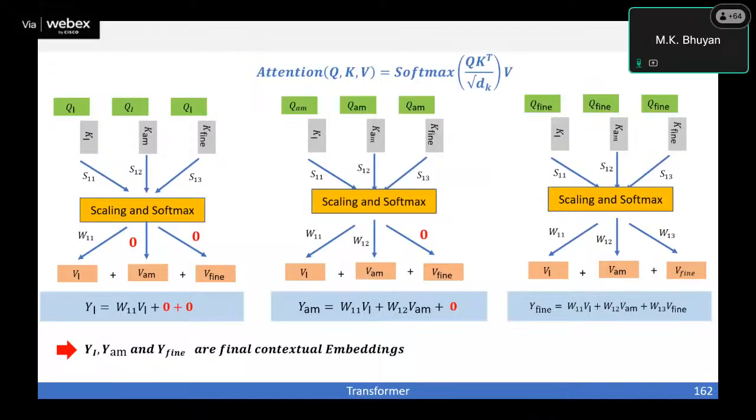In the second prediction, I is available. So Y am is equal to W21 V1 plus W22 V am, but fine is not available, so it is 0. And during the prediction of Y fine, we can consider V1, V I, V am, and V fine. So that is the meaning of the auto-regressive process.